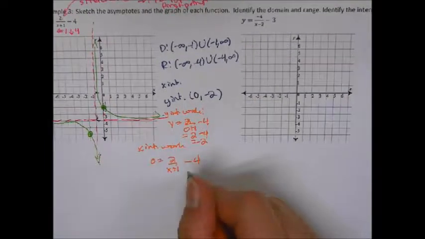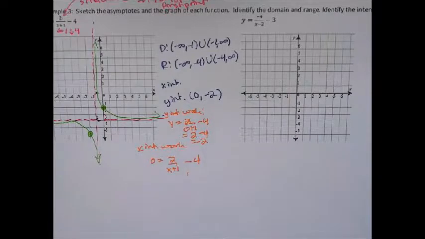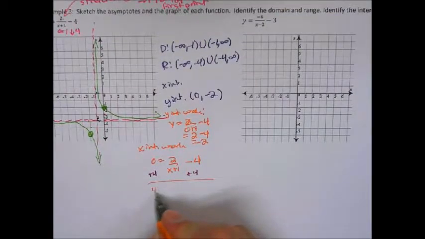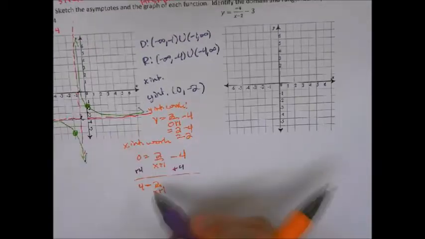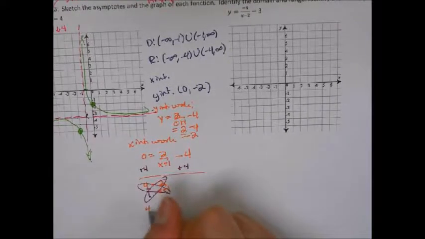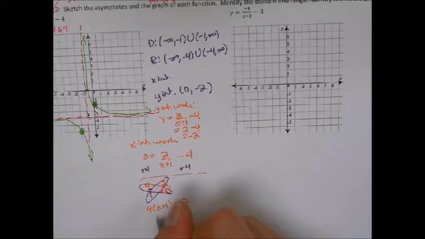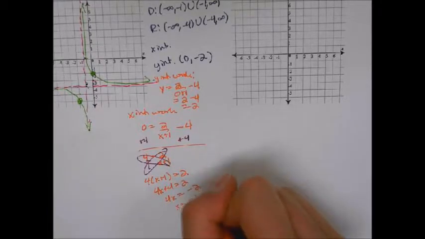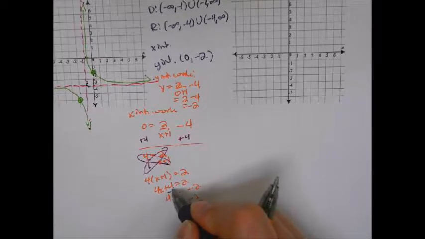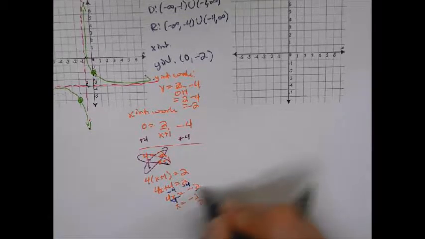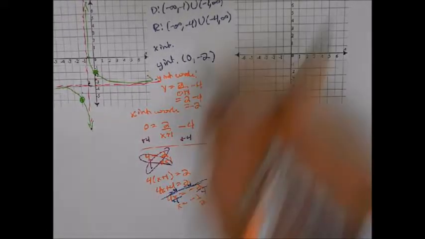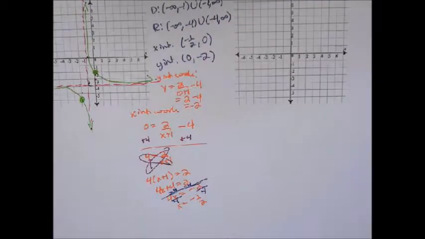For x-intercepts, we should add 4, put this over 1, cross multiply. So I get 4x plus 4 equals 2. 4x equals negative 2, so x equals negative 1/2. Divide by 4, and we get negative 1/2, comma 0.